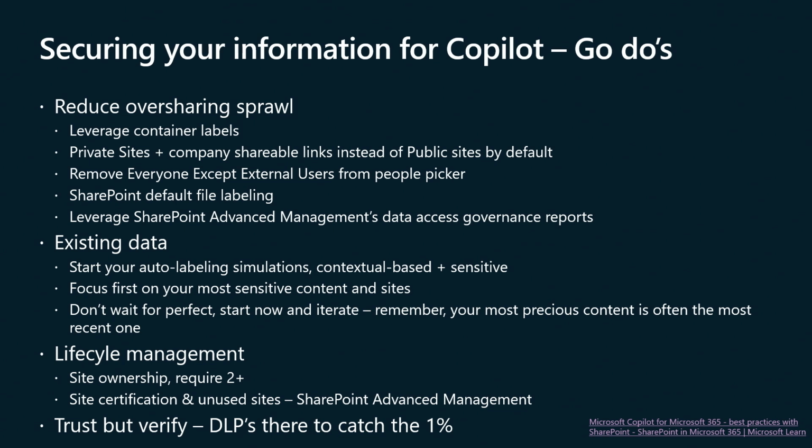That's the concept of using the company shareable link instead. Restrict. Instead of just picking people, don't pick a company-wide security group. Change your default behaviors. There are a lot of controls in both the SharePoint admin center and Purview to help you do this. Labeling is that sort of gateway to bridge the gap.